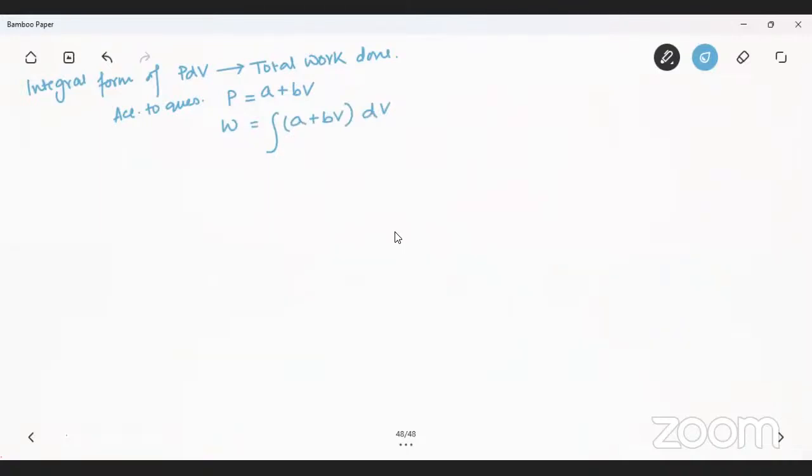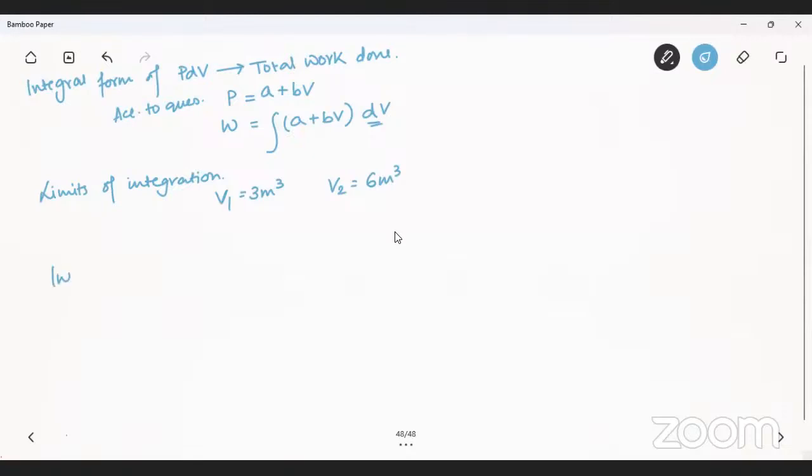Now, what are the limits of the integration? What is our variable? V, ma'am. V1 is 3, I guess. V2 is 6 meter cube. Good. Then the integral value is evaluated using the power rule of integration.